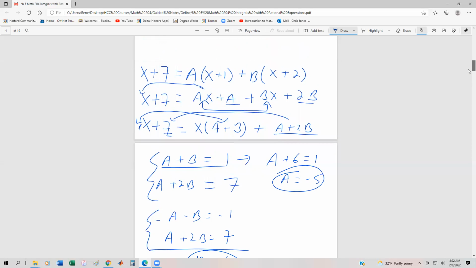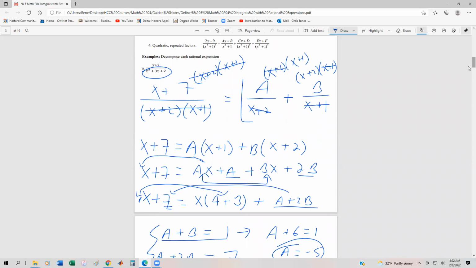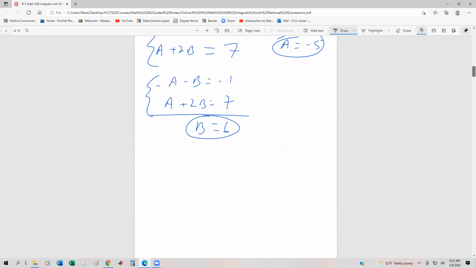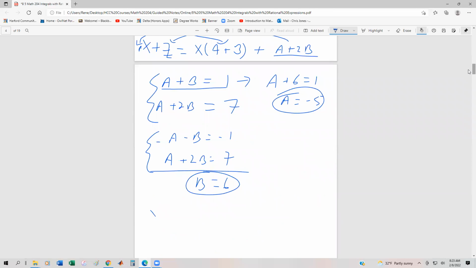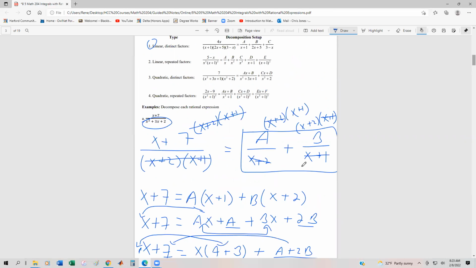We go all the way back to the beginning, and we remember that this was the breakup. These were going to be the partial fractions, a over x plus 2, but we know that a is -5. So the original fraction, x plus 7 over x squared plus 3x plus 2, is equal to -5 over x plus 2.